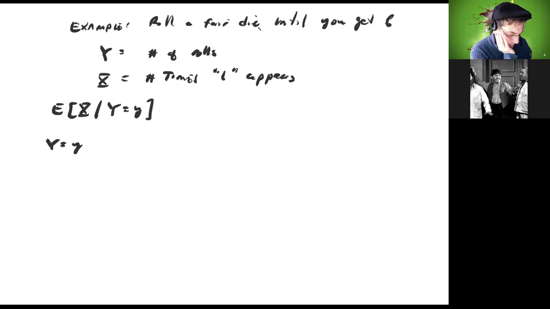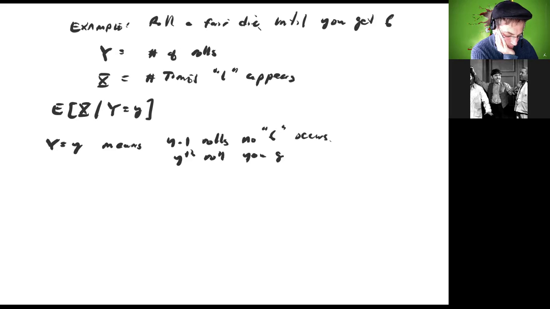It means you rolled y times until you got a 6. So it means y minus 1 rolls where no 6 appeared, and then on the yth roll, you get a 6.